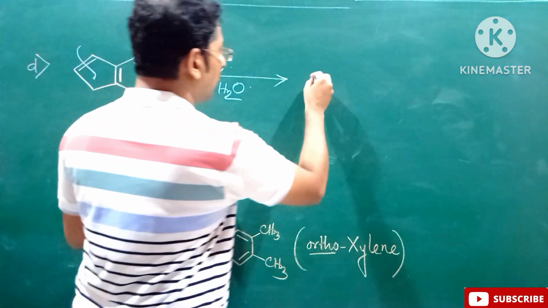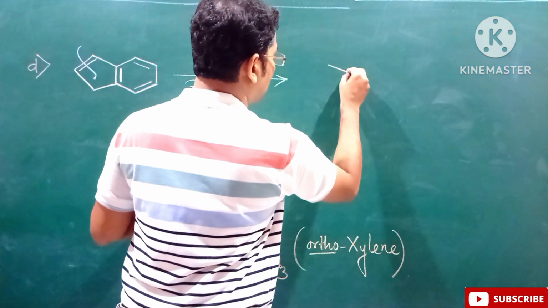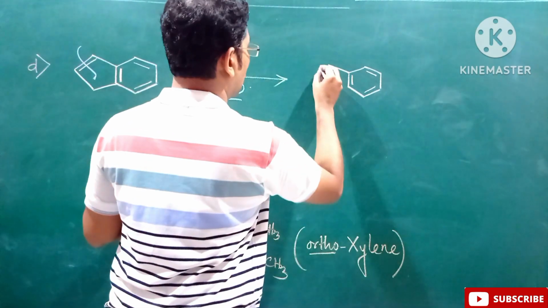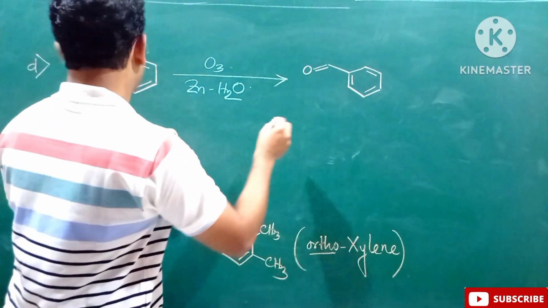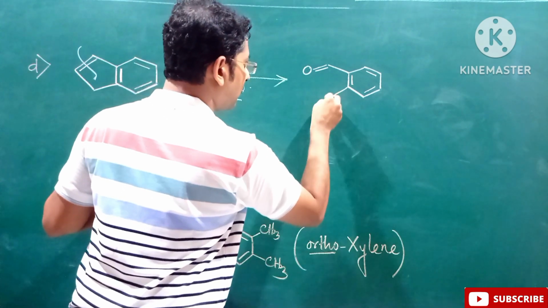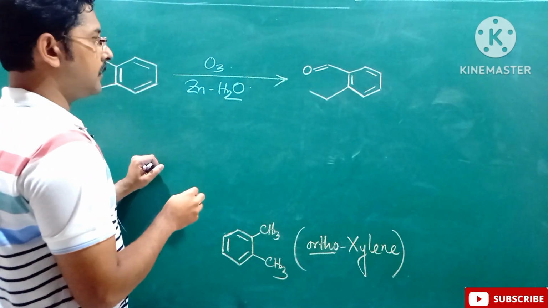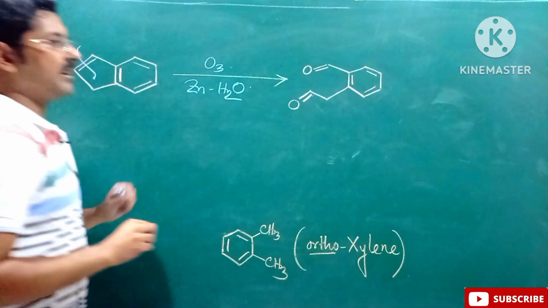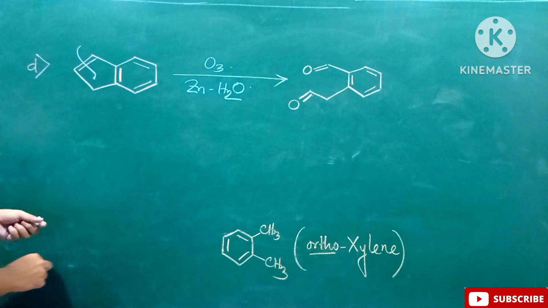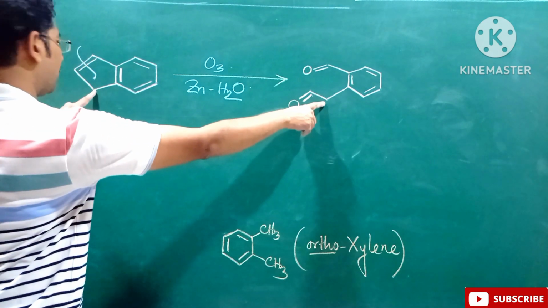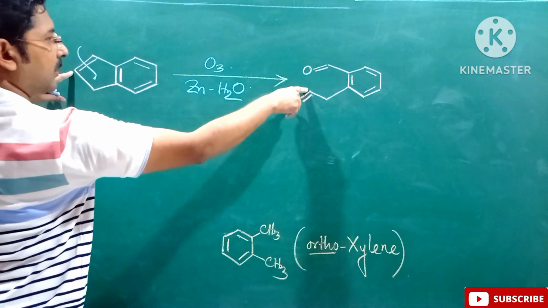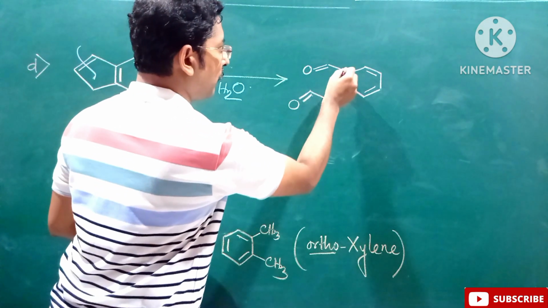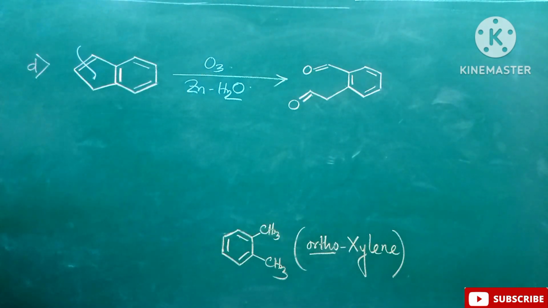So after ozonolysis, our product will be C double bond O and C double bond O. 1, 2, 3, 4, 5, that is a 5-membered ring. No problem.